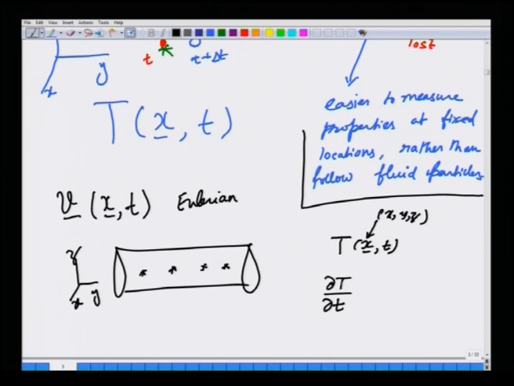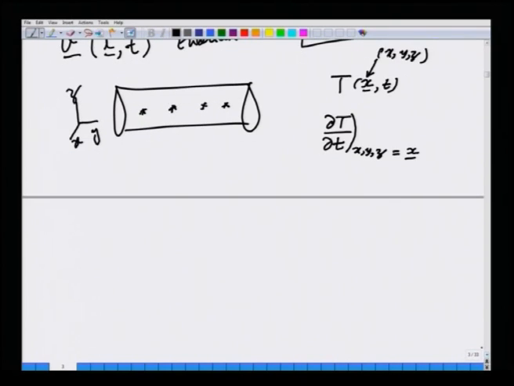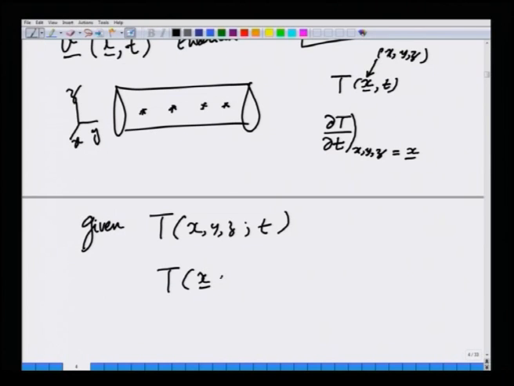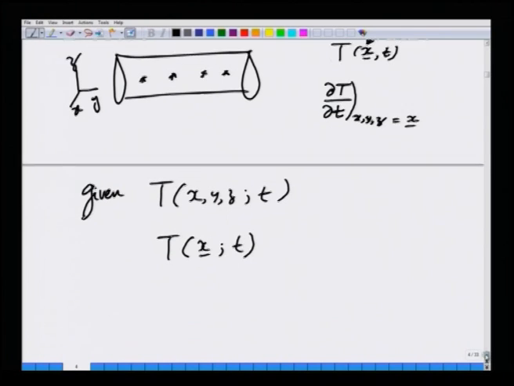So, when I say partial temperature by partial time, I am keeping the location x, y, z constant. I will figuratively denote this as vector x. So, suppose I have been given the temperature field, let us say from an experiment. The temperature field is given as T of x, y, z, time, or in short form I will simply write this as T of x, t.